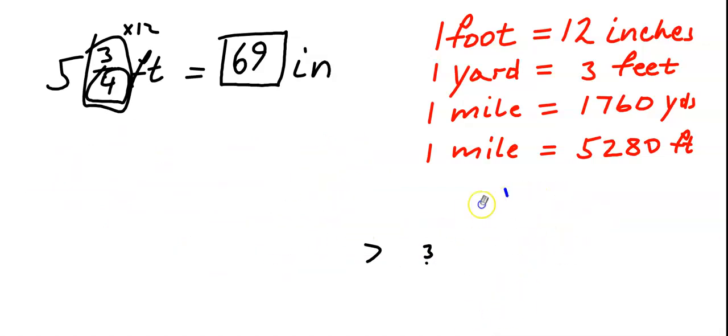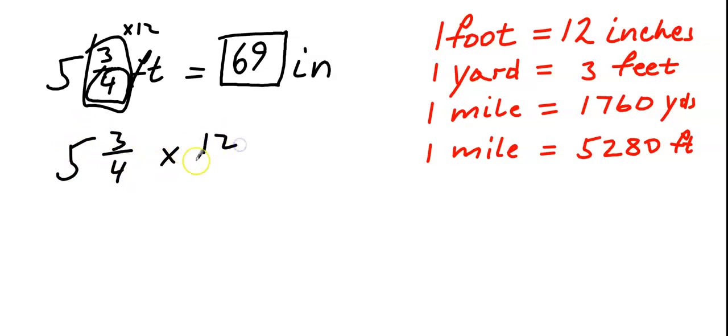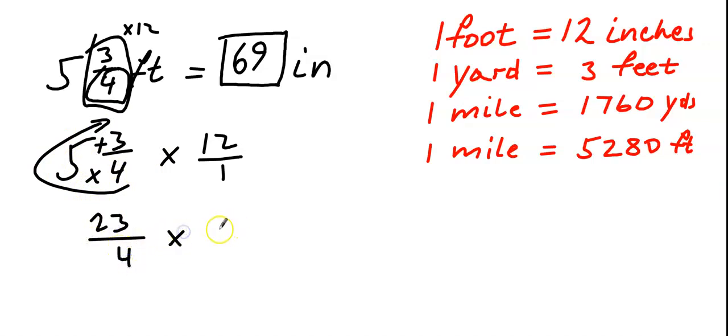We'll see. So let's see. First we're going to do 5 3/4 multiplied by 12, which is the same thing as 12 over 1. Multiply this and add to change it to an improper fraction first. 5 times 4 is 20, plus 3 is 23 over 4. Multiplying this by 12 over 1. 12 and 4 are both divisible by 4, so we're going to do that.